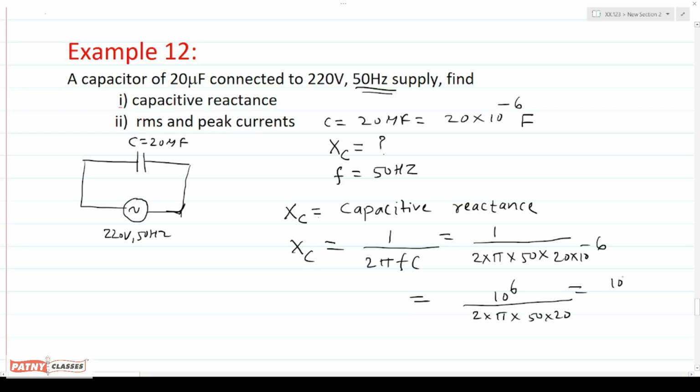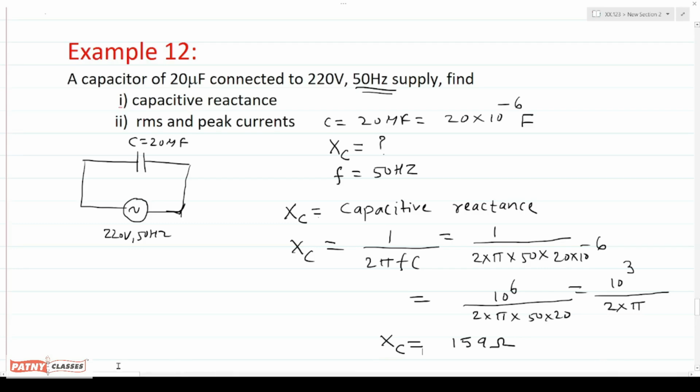That equals 10 raised to 3 upon 2 into pi. This equals 159 ohms. Therefore capacitive reactance equals 159 ohms.